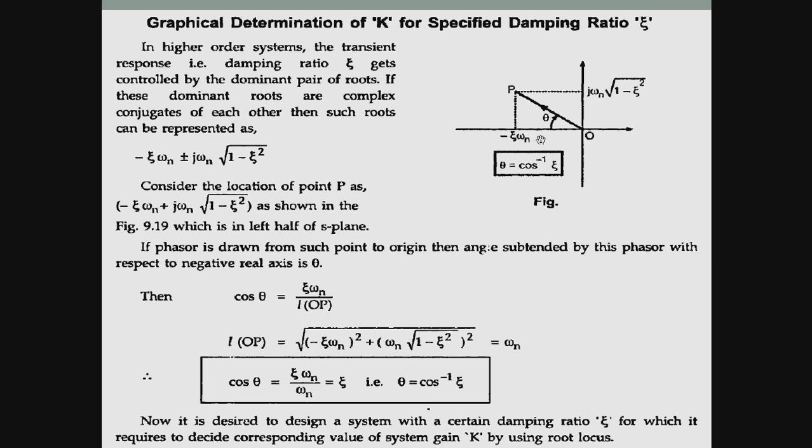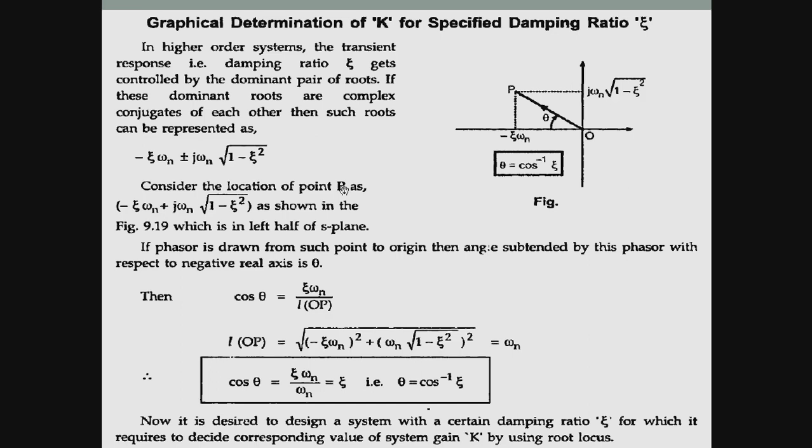So let me take this. I can represent this equation, if I take this side as minus zeta omega n, and this as omega n square root of 1 minus zeta square, so the roots can be expressed as minus zeta omega n plus or minus j omega n square root of 1 minus zeta square.